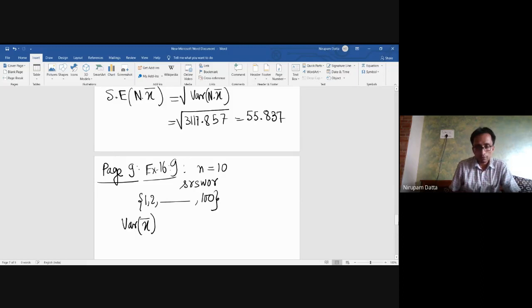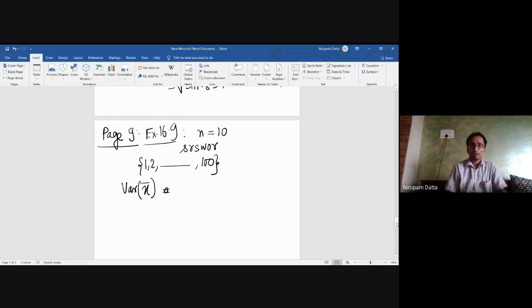Okay. So we already know the formula. So first what you have to do is as follows. First you have to find the variance of the population. So you have to find the population variance, which is sigma square.